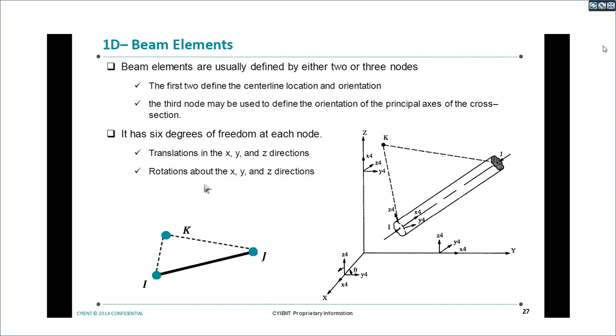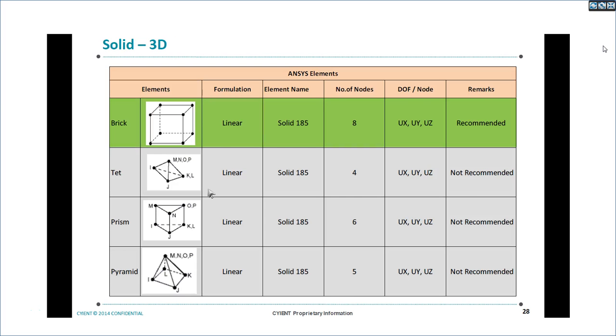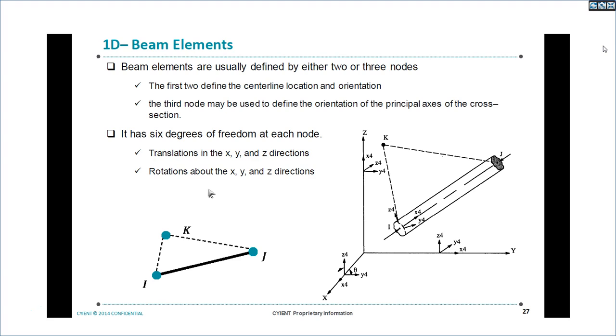It typically has 6 degrees of freedom, 3 translations and 3 rotations, similar to shell elements. Whereas in the bar element it is only translations. Here we do have rotations. That means we can apply a bending load.